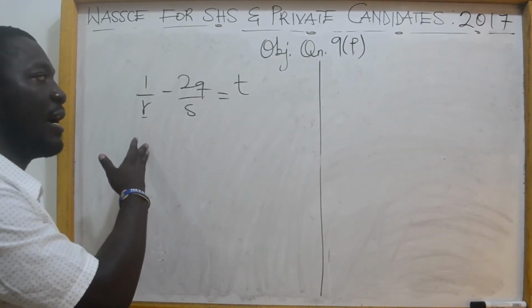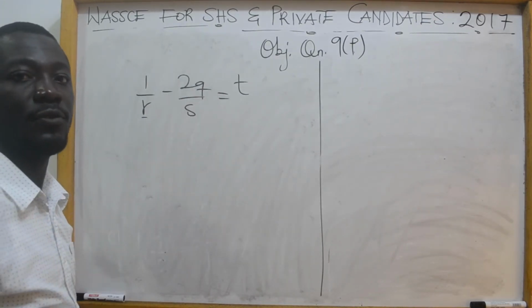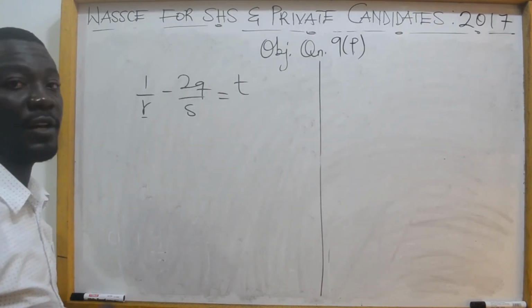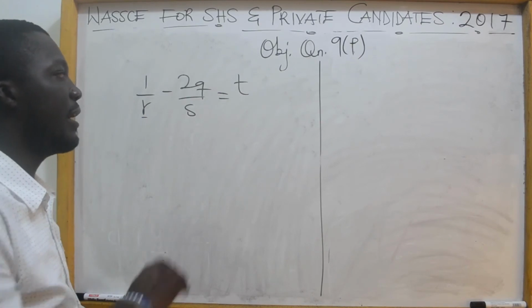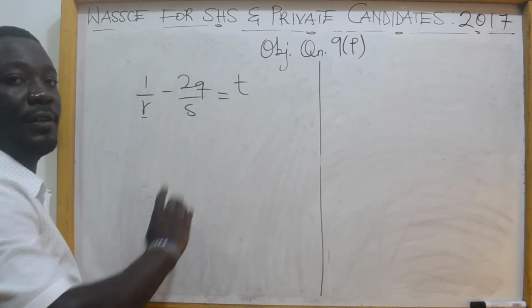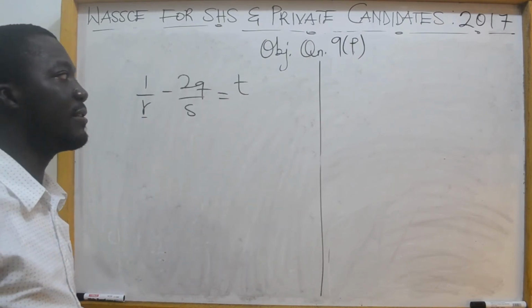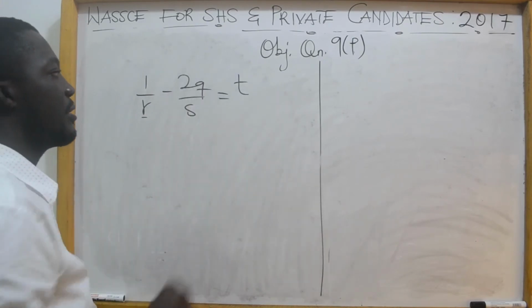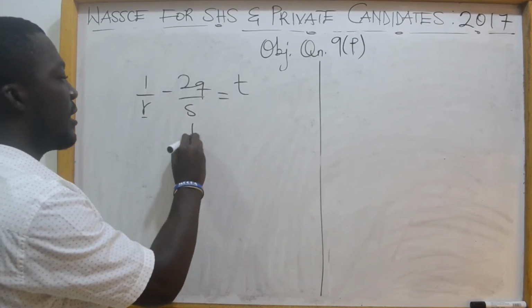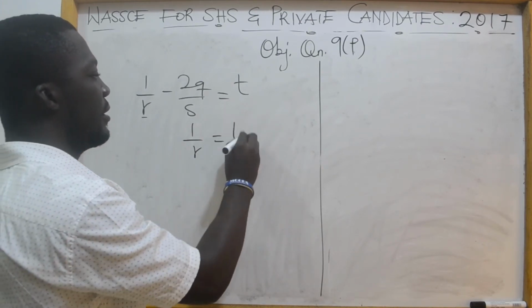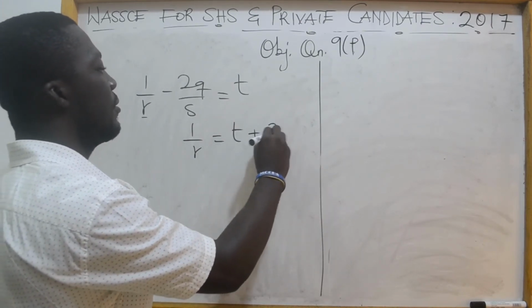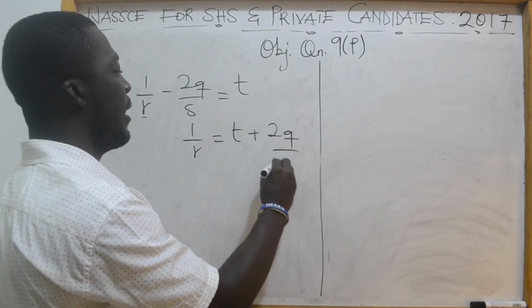One contains R, the other does not contain R. So what we have to do is to transpose the one without R to the right hand side. Here it is negative. So when it is transposed to the right hand side, it changes to positive. Meaning we are going to get 1 over R is equal to T is already there plus 2Q over S.